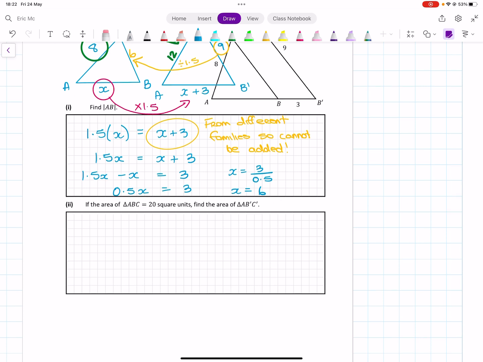So to go from the area of the small triangle to the area of the big triangle, you have to multiply by 1.5 squared. When it's an area, it's a square unit, so you multiply by 1.5 squared. So if this is 20, as it says it is, you multiply that by 1.5 squared, and that will give us 45 square units for the big one. That's all that one was.